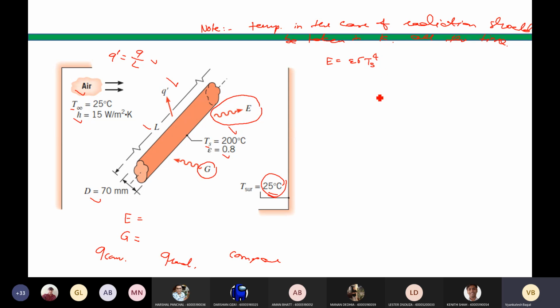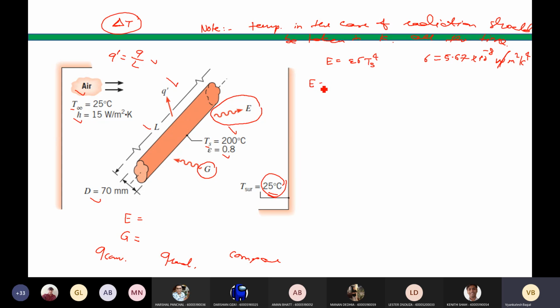So use the absolute temperatures which are in Kelvin in case of radiation. In case of convection and conduction, we always talk about this delta T. So there it doesn't make any difference whether you use the temperature in degree C or Kelvin. But for radiation, you should use exclusively the temperatures in Kelvin. Remember this. Now what is the value of sigma? Stefan Boltzmann constant. You know this. Correct? Watt per meter square, K raised to 4.